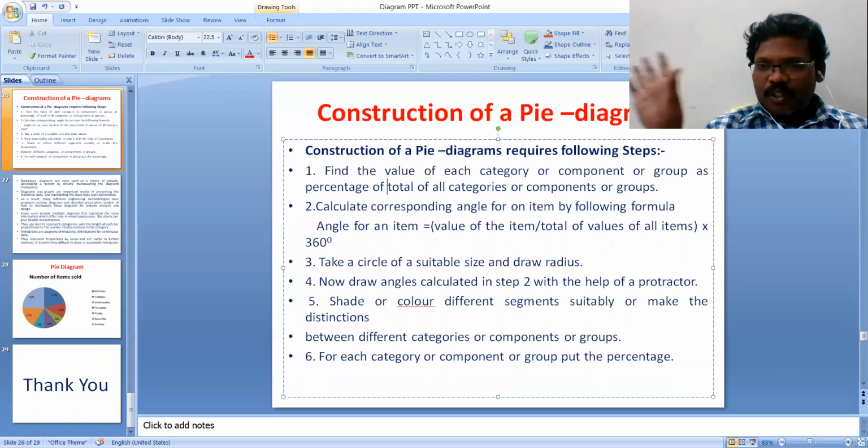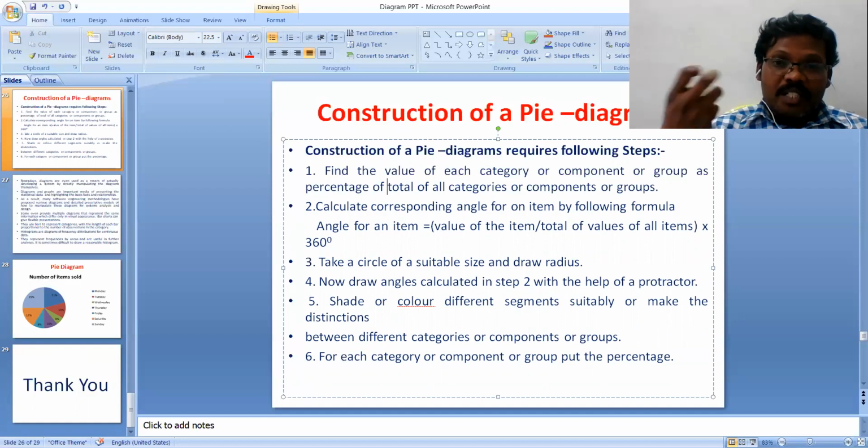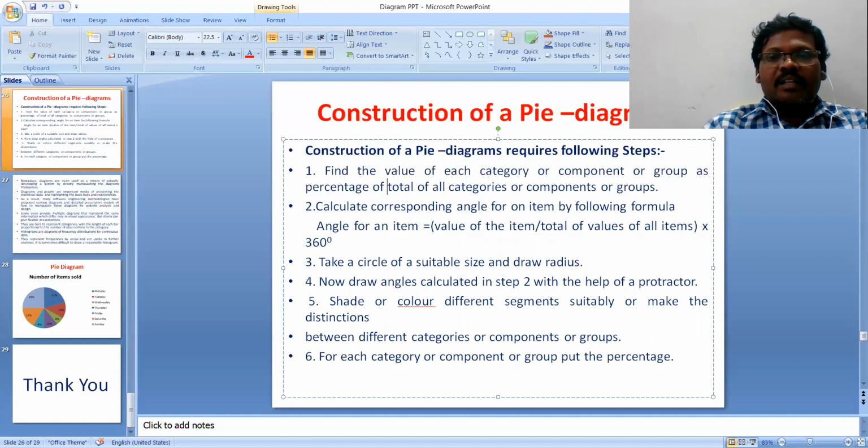So, how much the total population was, and out of that, how much each and every component was. That value should be converted into a percentage, and based on that percentage we write it in degrees. Second, calculate the corresponding angle for an item by following the angle formula: the value of the item divided by the total value of the items, into 360 degrees.